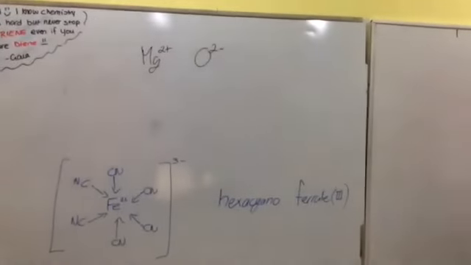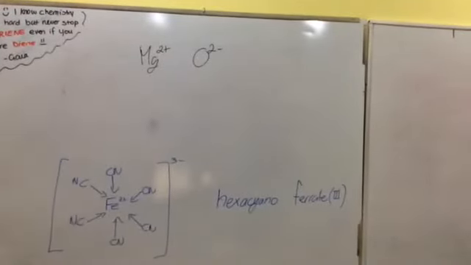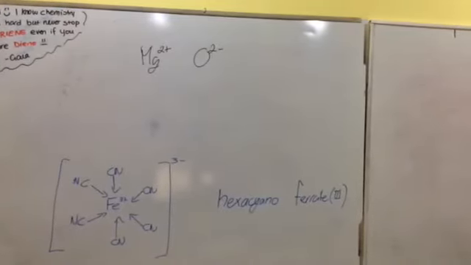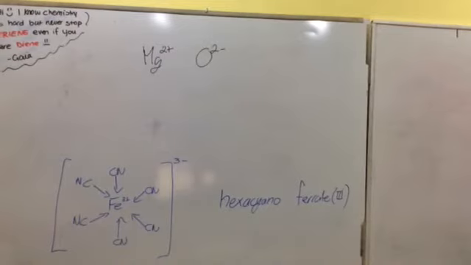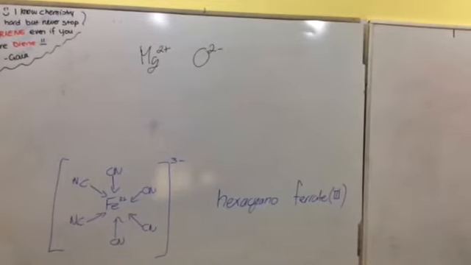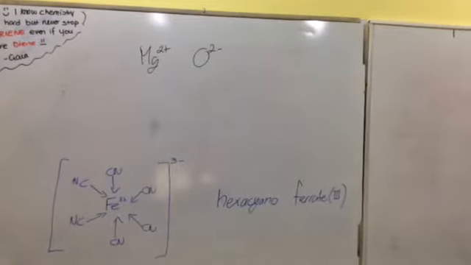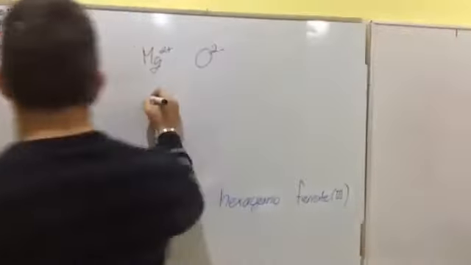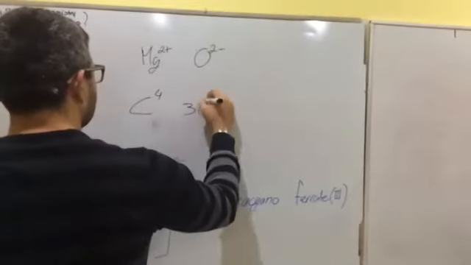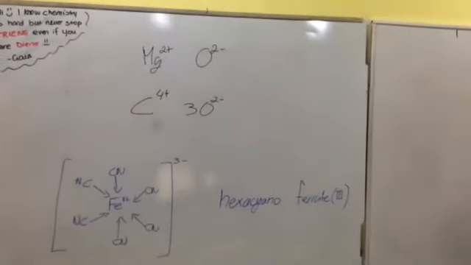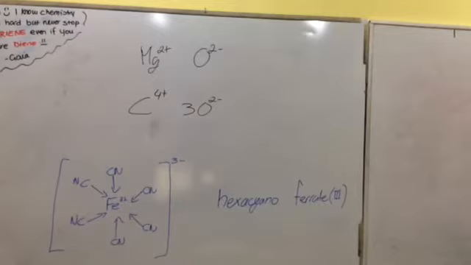Magnesium oxide is neutral. When we have magnesium oxide, it is neutral because the 2 plus cancels out with the O2 minus. When we have this, it's not neutral because the 4 plus are not cancelling out exactly with the 2 minuses.